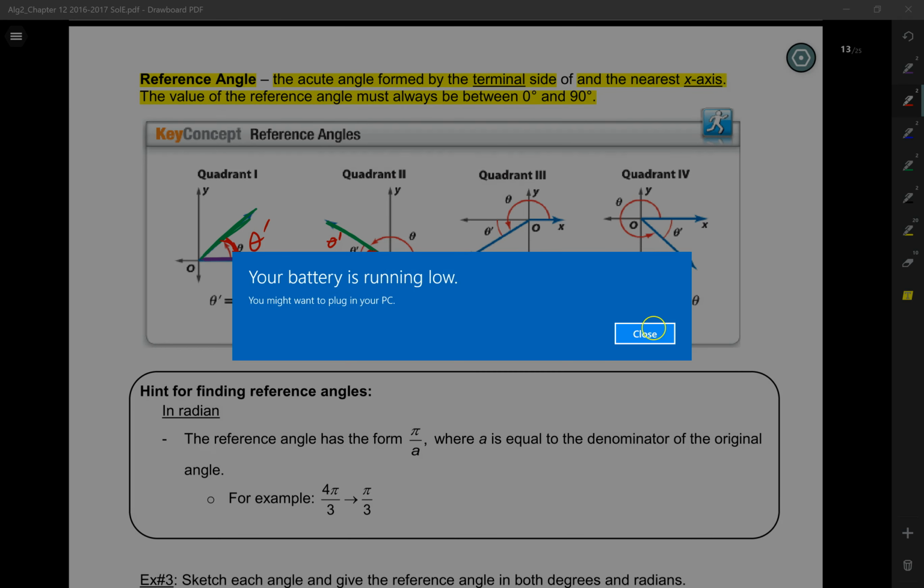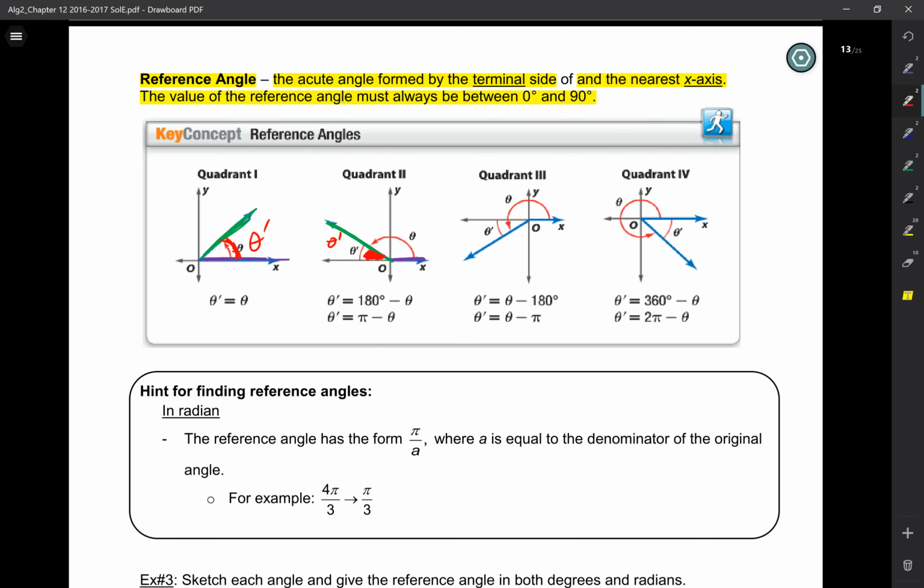Okay, next. Suppose your angle is in quadrant 2. What would be a reasonable value for this? So suppose this angle was 150 degrees. Now I need to figure out the value of that reference angle. Everybody tells you to memorize this stuff.